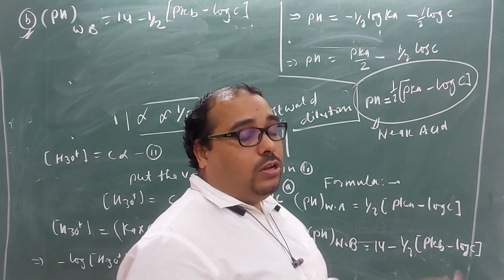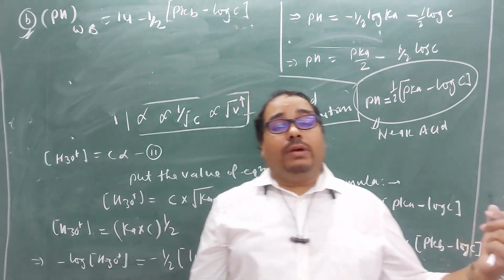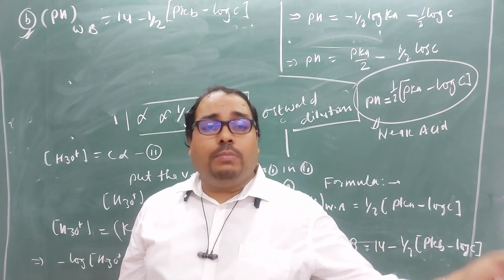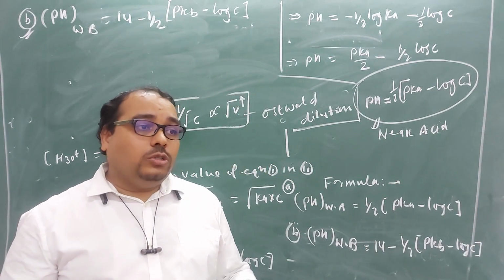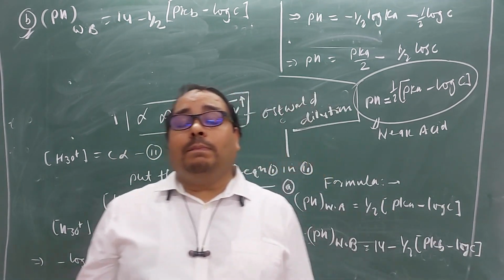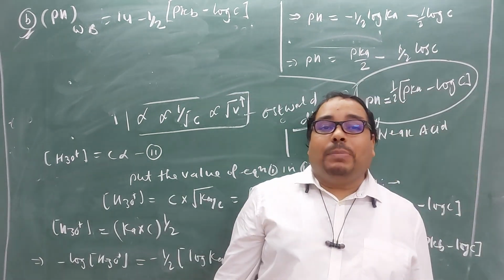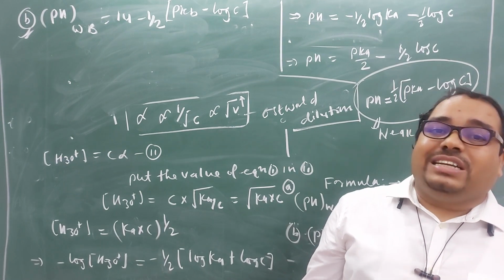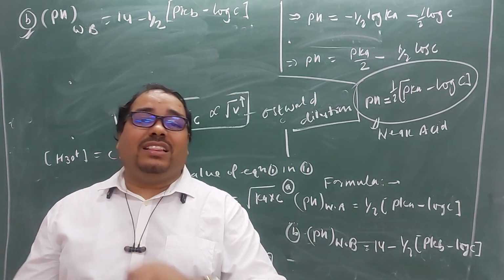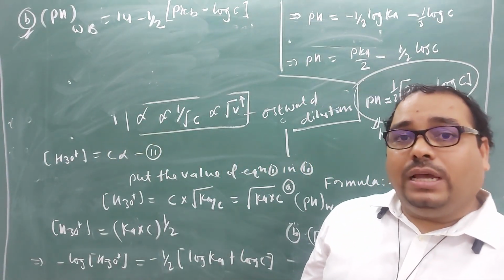For one weak acid, you write the hydronium ion concentration as root under Ka into C. If you are mixing another weak acid, that will be root under Ka1 into C1 plus Ka2 into C2. If you are mixing 3, root under Ka1 C1 plus Ka2 C2 plus Ka3 C3. Is it okay? Okay, fine.